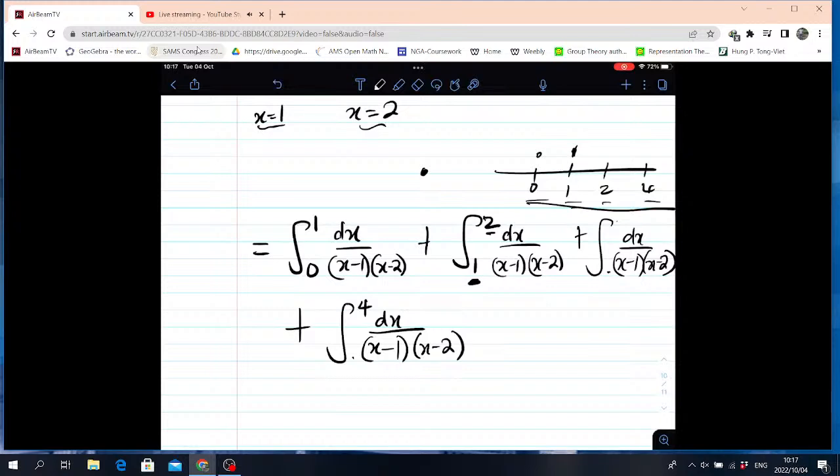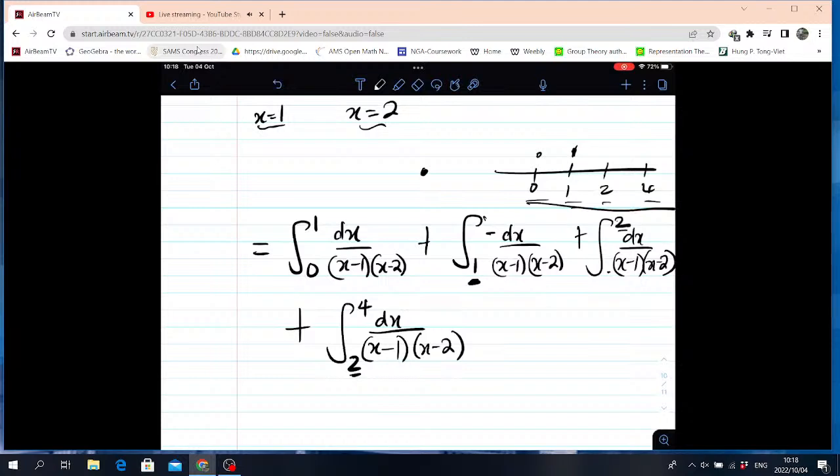We don't want to have 2 points of discontinuity for one integral. We want to separate them. So we should probably have 2 there, and once we've got a 2 there, 2 will be the only point of discontinuity here.